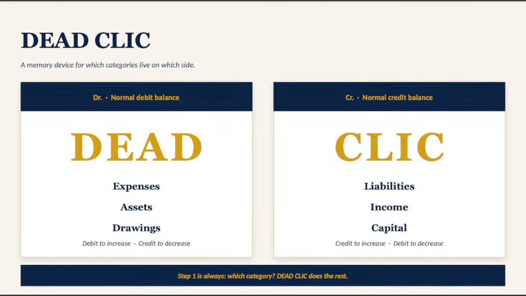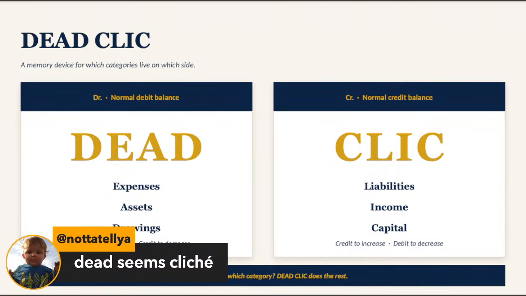Okay, so the main concept of the DEAD CLIC method, or memory device, is to know which side a transaction lives on, so to speak. These are the accounts where you have a normal balance on the debit side. Not a Taliath says that seems cliche.